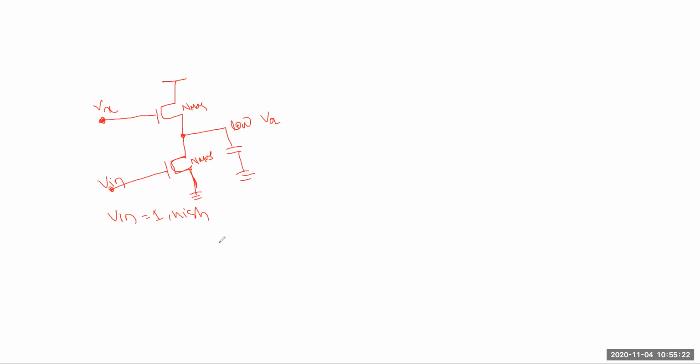This is the case when Vin is equal to low or 0, so this transistor is off. Now whatever the voltage is here, that voltage minus Vt will come to here. So think about this circuit: it is nothing but this type of circuit.